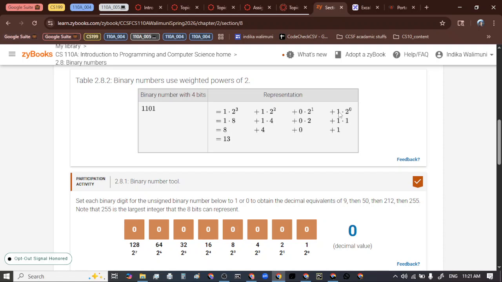So that's base 10, 13. So if you want to convert 1101 in binary to decimal, this is how you do it. Now remember this as a fact. This is how you convert a binary number to decimal.